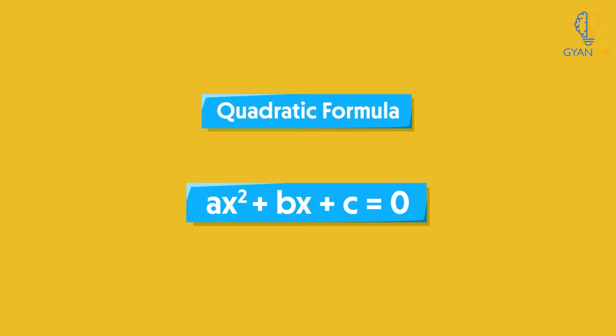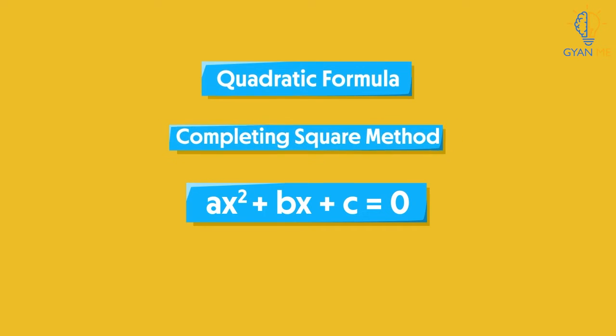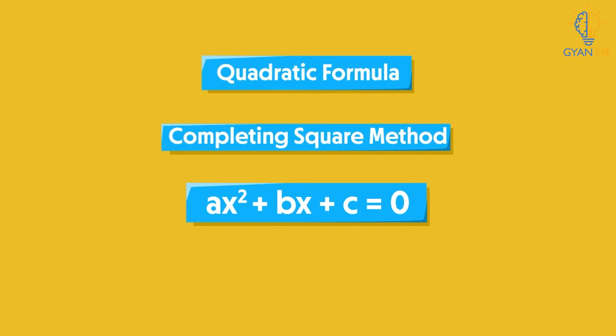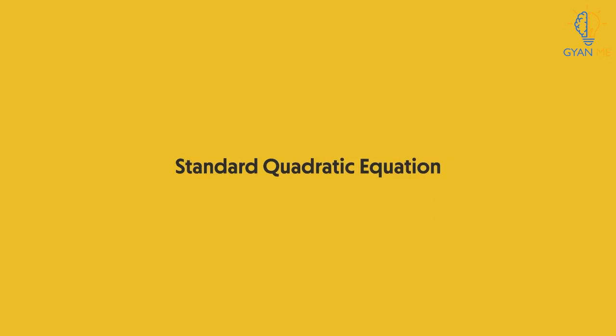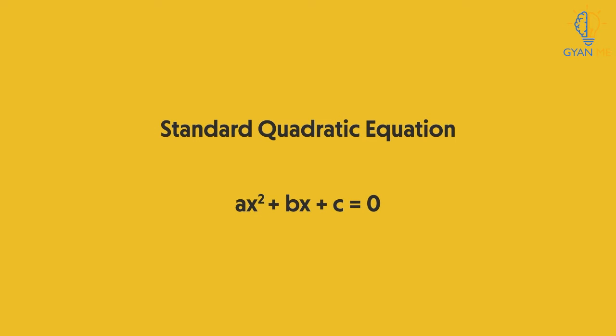We will derive quadratic formula by applying completing square method. I've already explained completing square method in our previous video, so you can refer to it in case you have forgotten it. So to derive the quadratic formula, consider standard quadratic equation ax square plus bx plus c equal to 0.